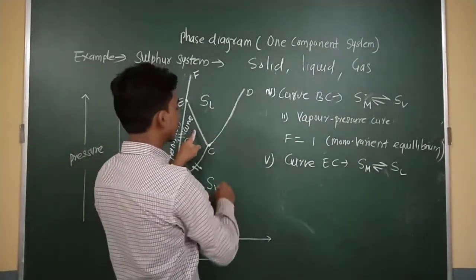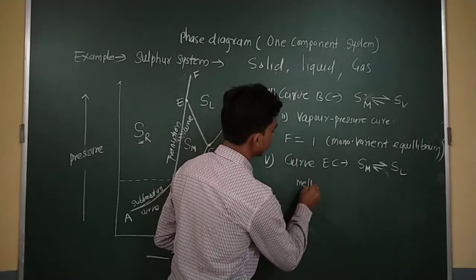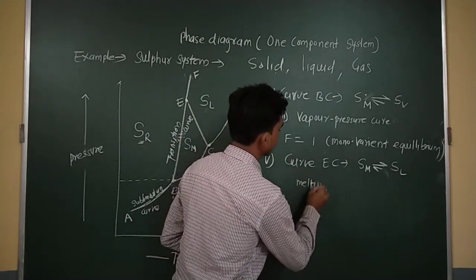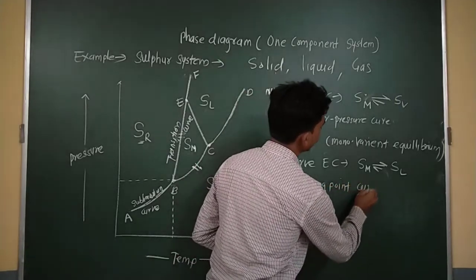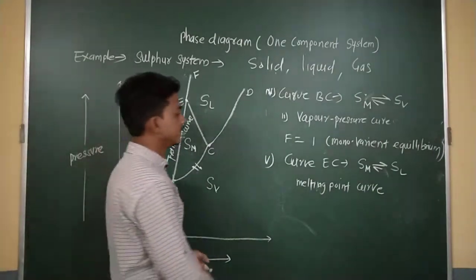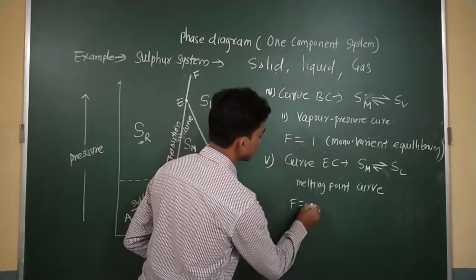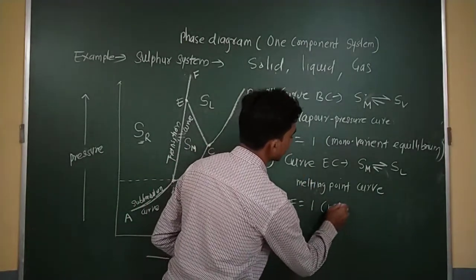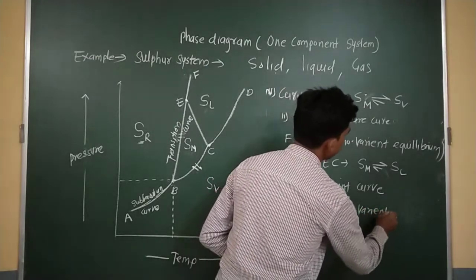That curve is known as a melting point curve. You have to write all these things in your notebook: melting point curve, and F is equal to 1. That means monovariant system. This is also monovariant equilibrium.